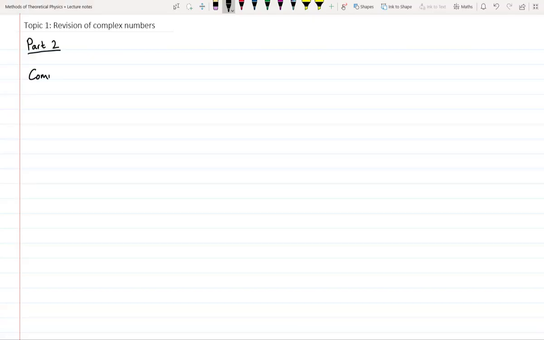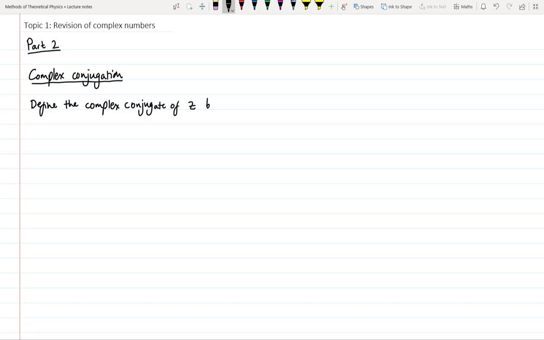We're going to begin by looking at complex conjugation. Now, we define the complex conjugate of some complex number z by flipping the sign of its imaginary part.